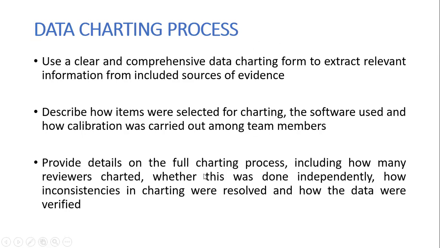So provide detail on the full charting process, including how many reviewers charted, whether this was done independently, how inconsistencies in the charting were resolved, how the data were verified. All these have to be mentioned in your scoping review.